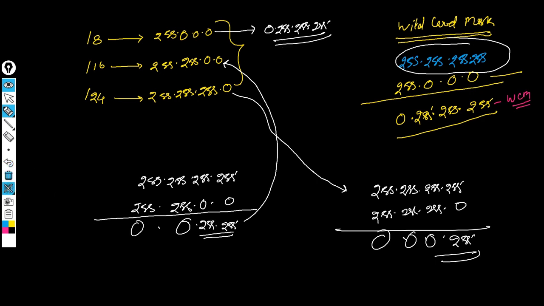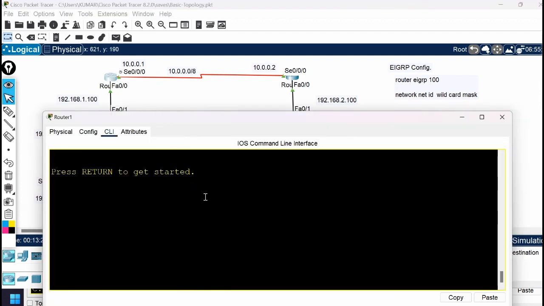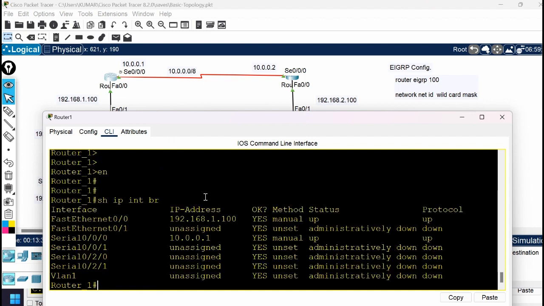Hope you got the concept of wildcard mask. Let's move ahead. Since we know we cannot communicate from here to here, or any other PCs cannot communicate to these PCs, how do we have the communication now? To configure the routing protocols, I'll go to this router and first check the router's interfaces. Show IP interface brief is the command to verify the router's interfaces.